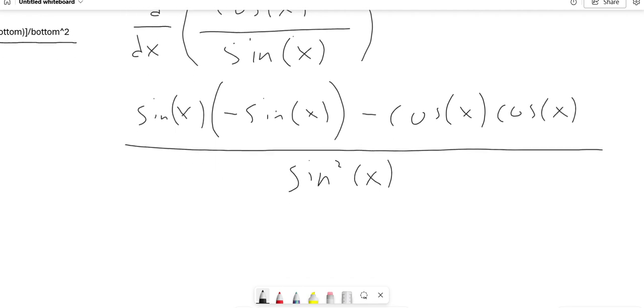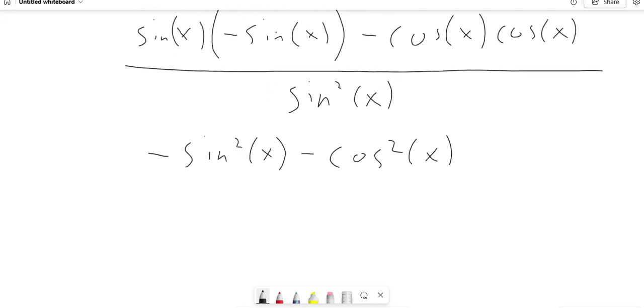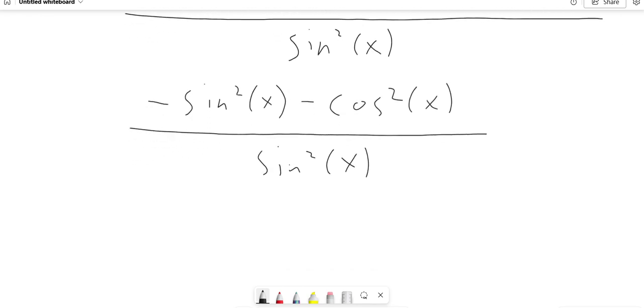So if we multiply the products on top, we have negative sine squared of x minus cosine squared of x, all divided by sine squared of x. In the top, I can factor a negative from both terms.